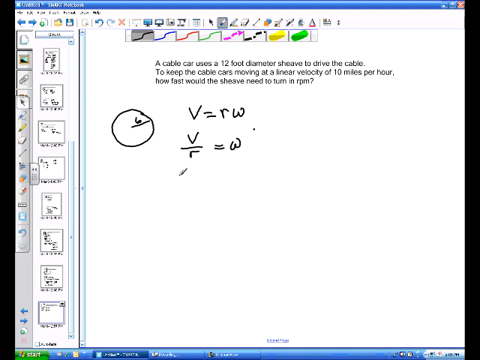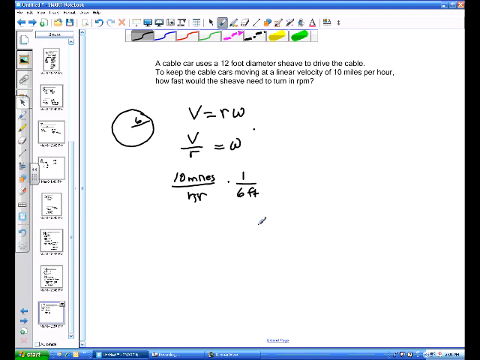Our linear velocity was 10 miles per hour, divided by r, which is our radius, and our radius was 6 feet. So dividing it by 6 feet is the same as multiplying it by the reciprocal, 1 over 6 feet.